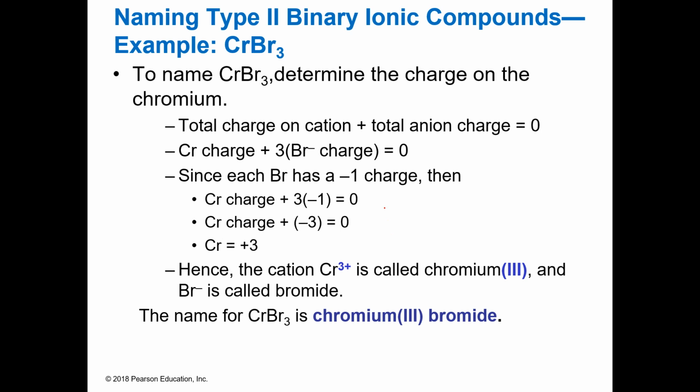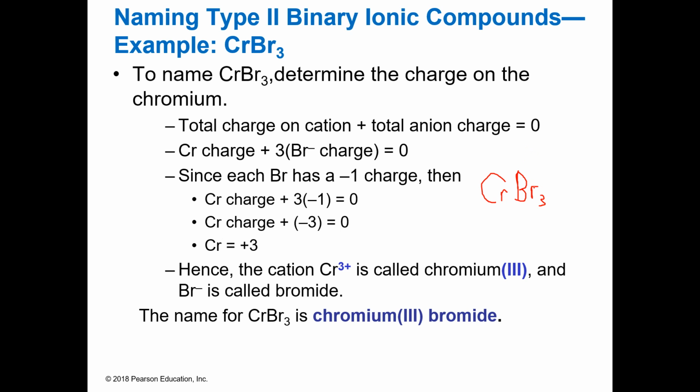All right, so we're going to start here with chromium, CrBr3. Now, chromium we need to recognize as a transition metal. Therefore, because it's a transition metal, it's not in group 1 or group 2, it needs that Roman numeral. I know that the compound itself is neutral, so I need to look at my nonmetal.